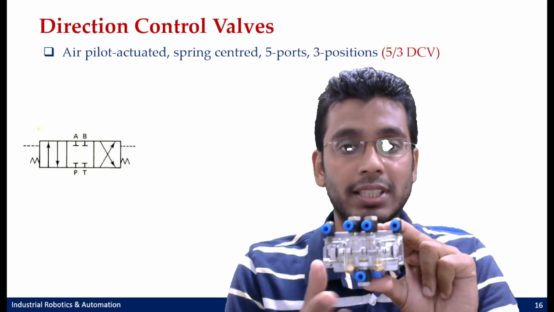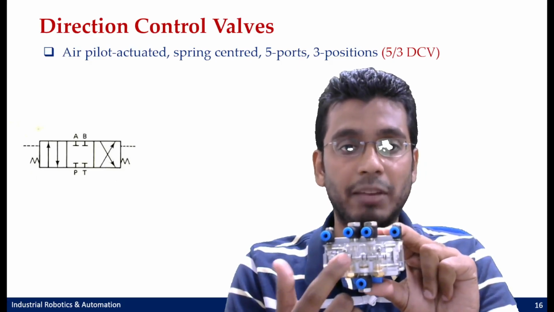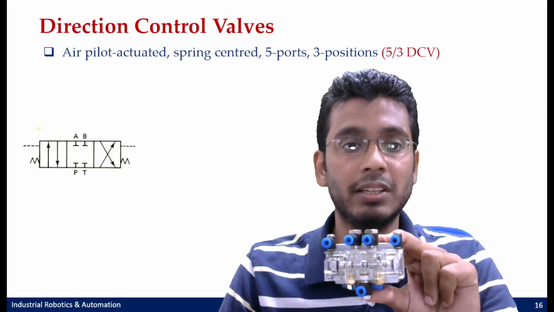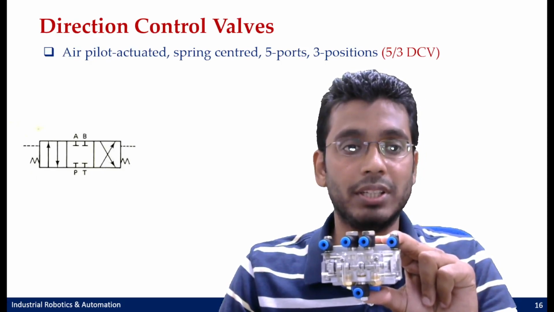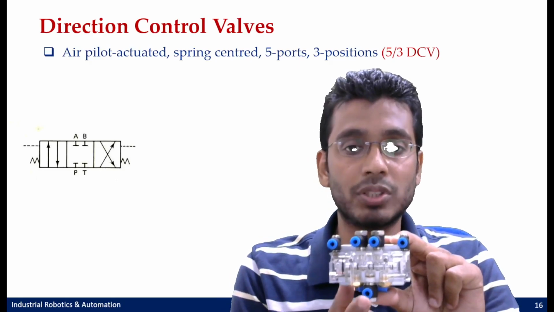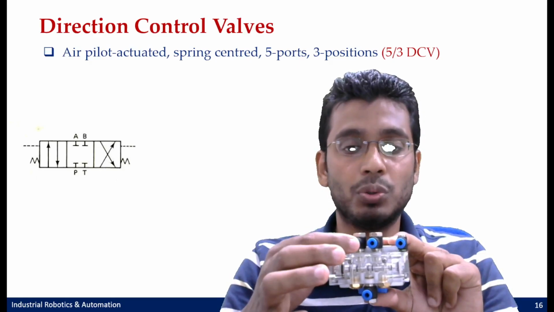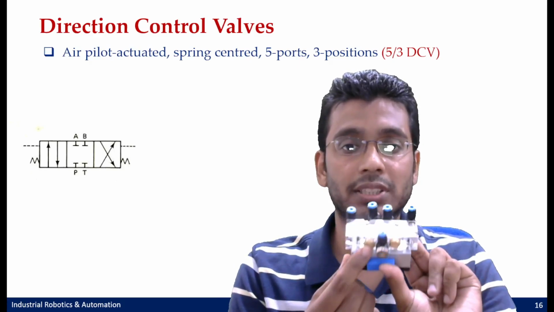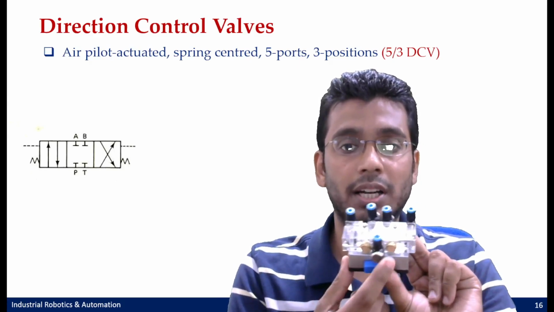Now this is the 5x3 DCV. Although on the top position I have written 5x3, the symbolic representation here is wrong. So what are the 5 ports? 1, 2, 3, and the exhaust port, if you can see here. This, and another one here, exhaust port.